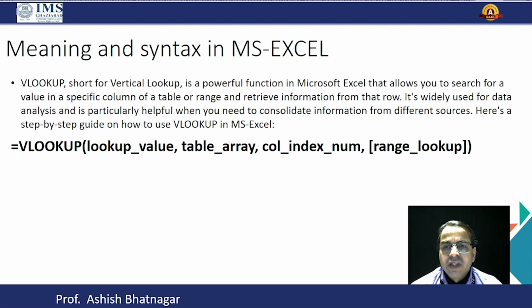VLOOKUP has four arguments. First is the lookup value, second is the table array, third is the column index number, and fourth is the range lookup. The first one, the lookup value, is the field value I am looking for. Table array means the collection of all records in a given table, the table matrix we design in MS Excel.